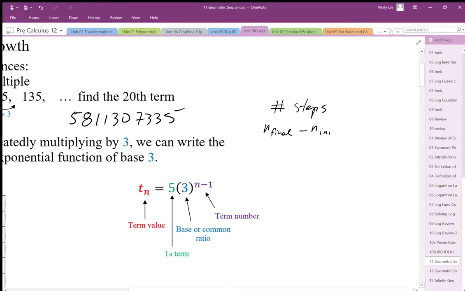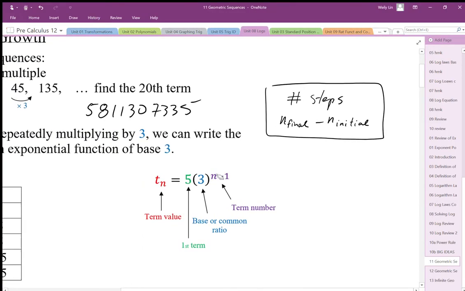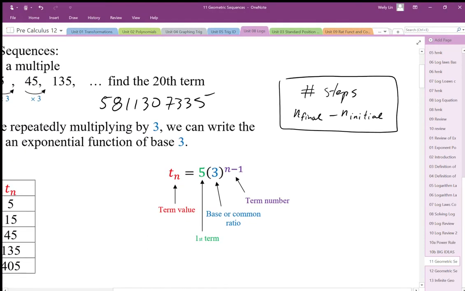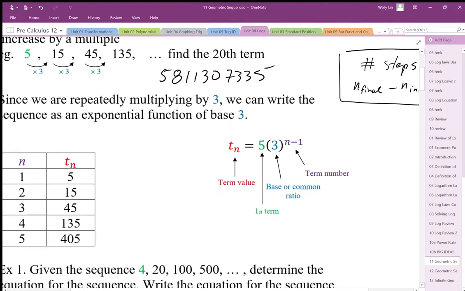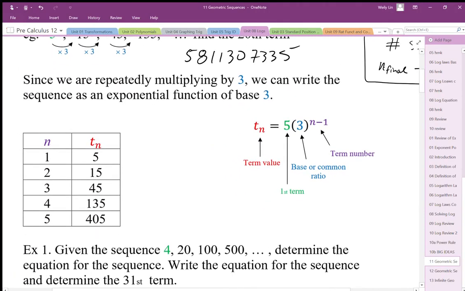Okay, and the formula has a -1 because our N initial is generally going to be 1. Okay, we start counting from 1. So this is a very useful thing to know because some people get messed up with the number of steps in between and not quite sure about that n-1. But there it is. There is our exponential growth formula.